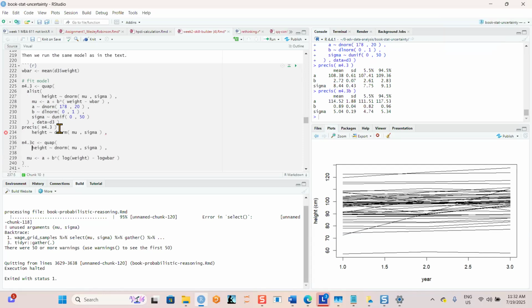So same height model. Now we have mu there, so we need log W bar assigned from log W bar.